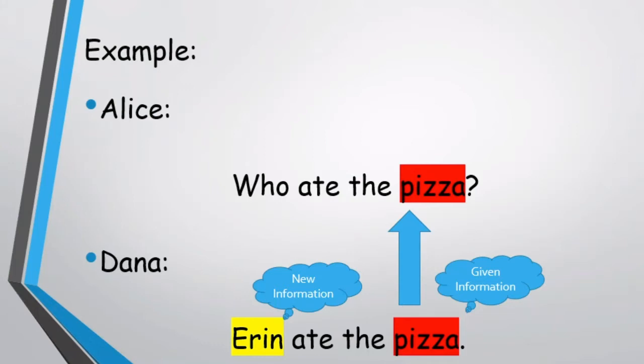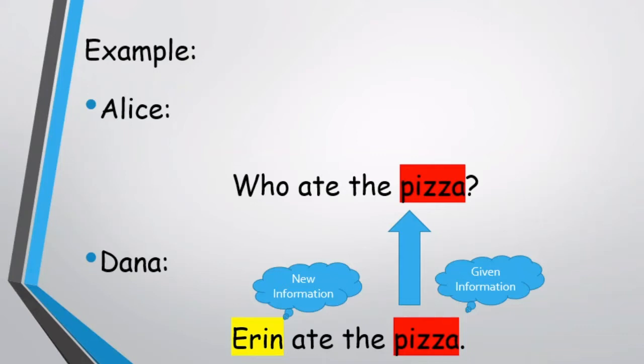Here is an example. Alice said, "Who ate the pizza?" Dana answered, "Erin ate the pizza." As you can see, the noun phrase Erin represents the new information because it is being introduced into the discourse.